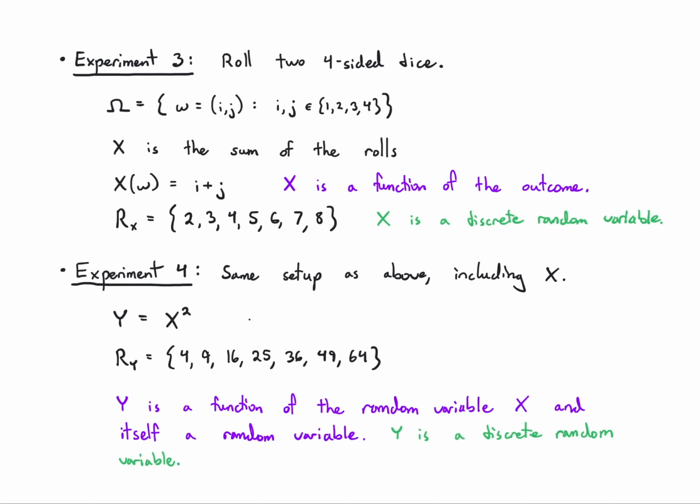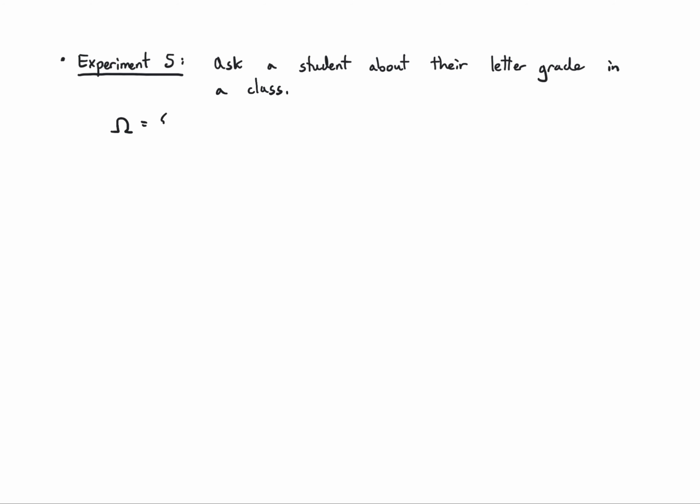Okay, that's it. We're going to do one more example, a little bit longer and maybe a little bit closer to the things that you're used to dealing with. Let's say our experiment is to ask a student about their letter grade in a class, and they're willing to answer you. To make things simple, let's say that the only possibilities are A, B, C, D, and F, so no pluses and minuses.